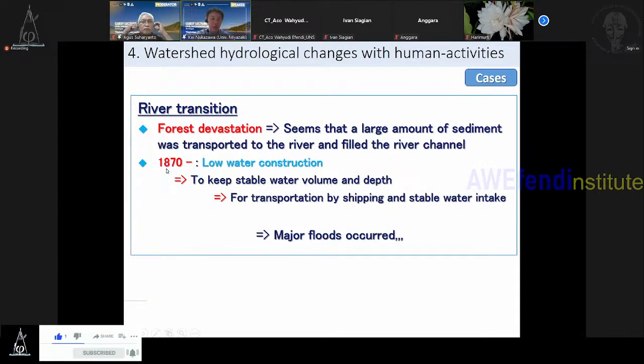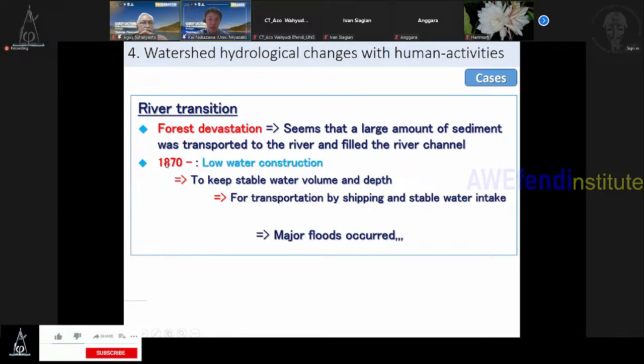Because of forest devastation, a large amount of sediment was transported to the river and filled the river channel.